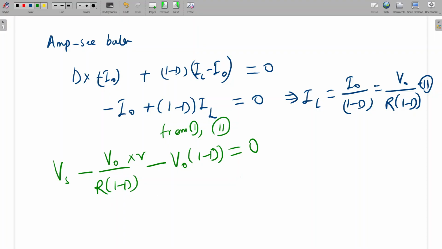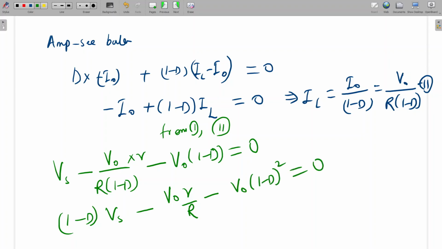So what we can do, we can multiply by 1 minus D. So 1 minus D Vs minus V0 r by R minus V0 into 1 minus D square should be equal to 0.